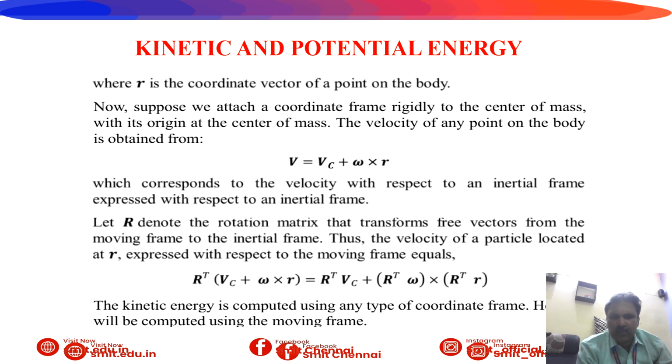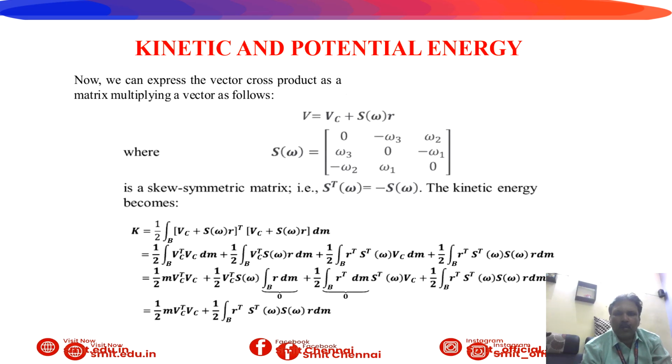The kinetic energy can be computed using any type of coordinate frame. It can be computed using the moving frame also. Now in this slide, again we can express the vector cross product as a matrix multiplying a vector as follows: v equal to v_c plus S(omega) r.